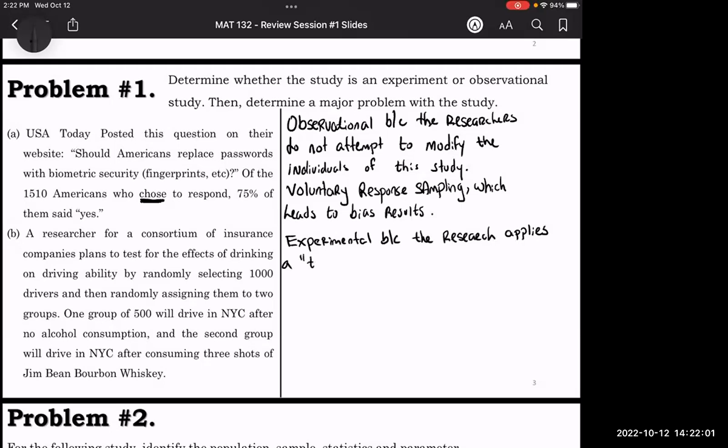Now, I don't know if this is actually a treatment, but the researcher applies a treatment to some individuals, namely those that are consuming the alcohol. And the remaining individuals are placed in the control group, those that are not drinking the alcohol.